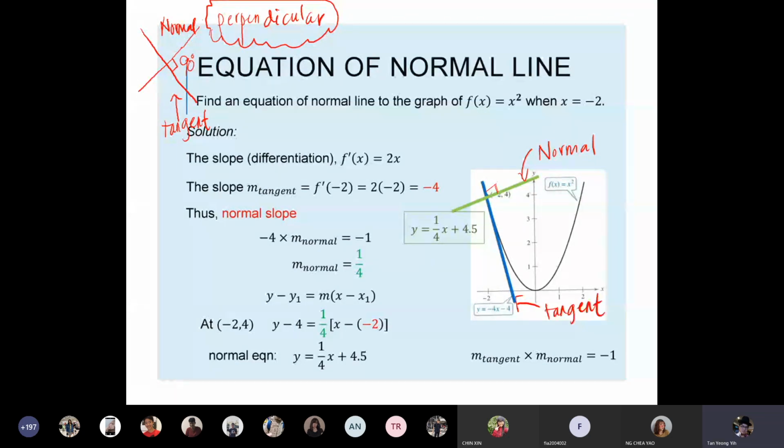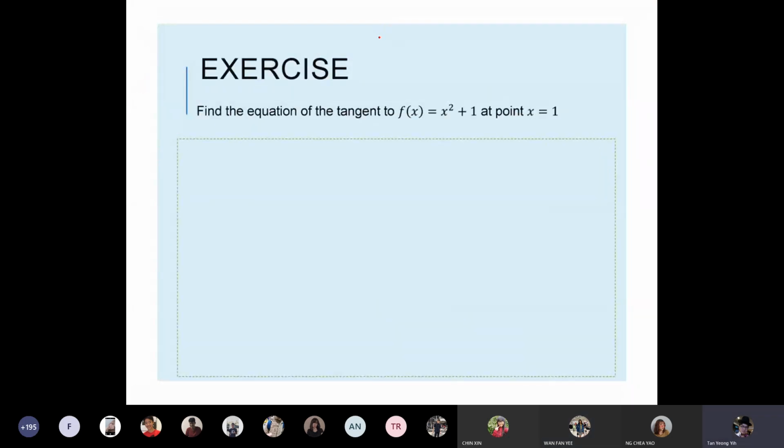So we can use a perpendicular formula to relate the tangent and the normal. Can you give me the formula? What is the formula for perpendicular lines? M1 times M2 equals -1. Okay, very good.